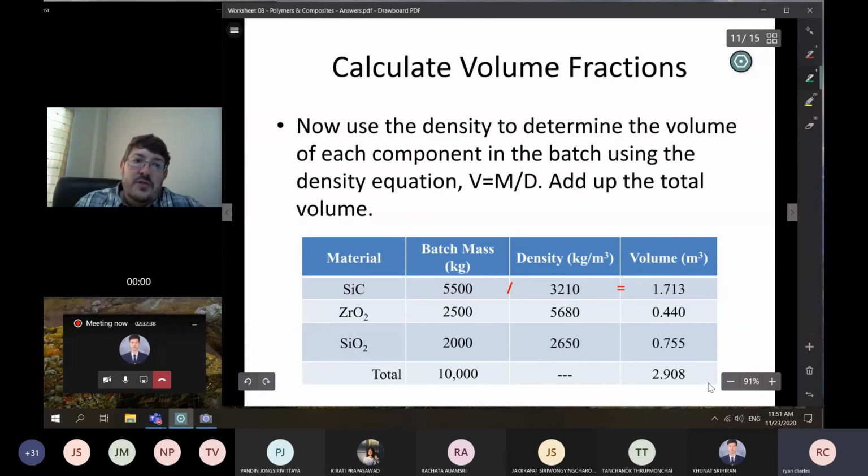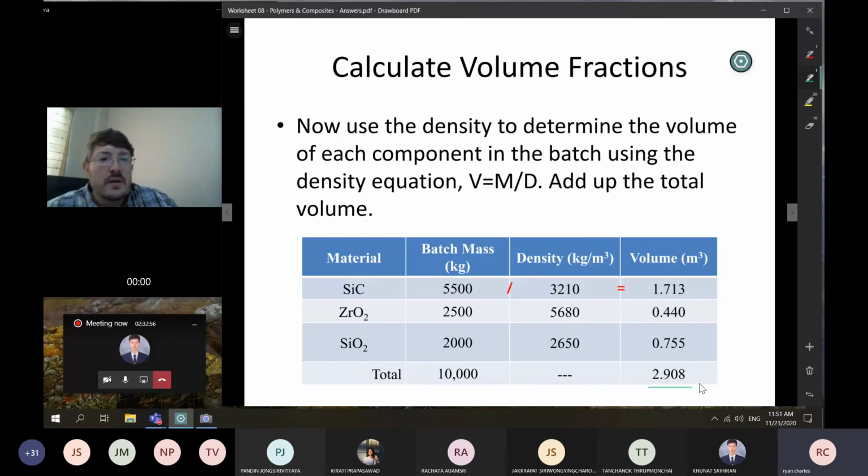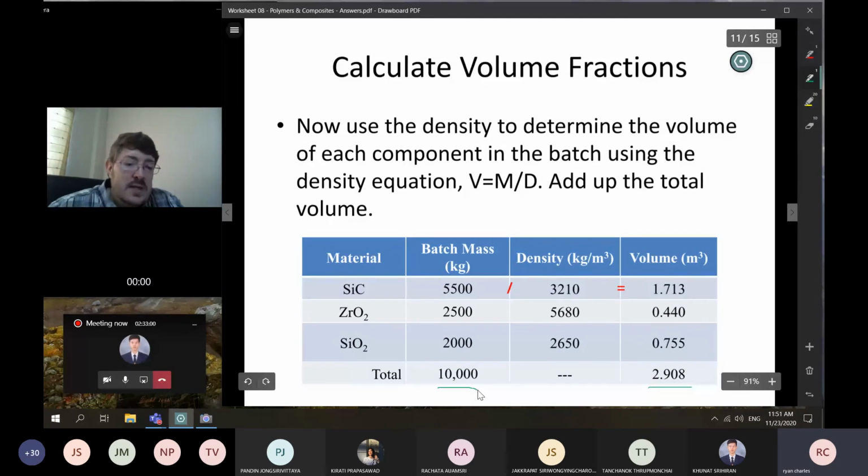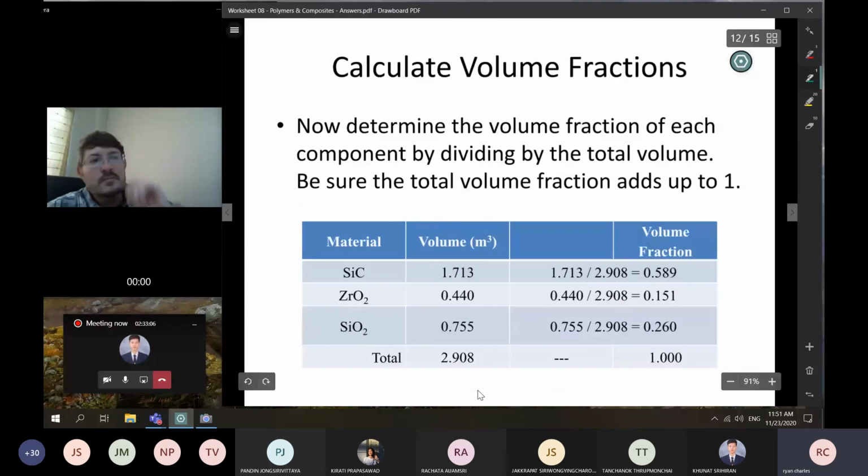We get these volumes: 1 cubic meter of silicon carbide, 0.44 cubic meters zirconia, 0.75 cubic meters of silica, with a total of 2.908 cubic meters. So our imaginary 10,000 kilogram batch is almost 3 cubic meters of the powders.